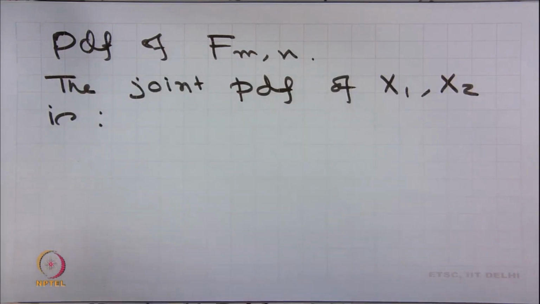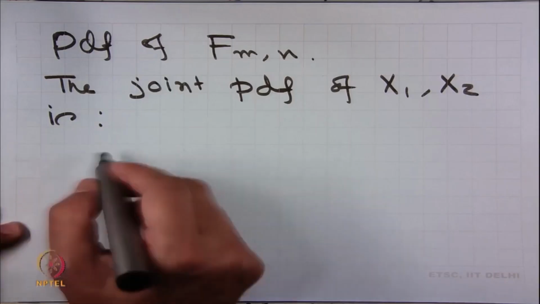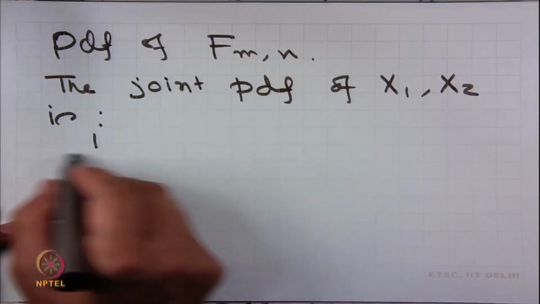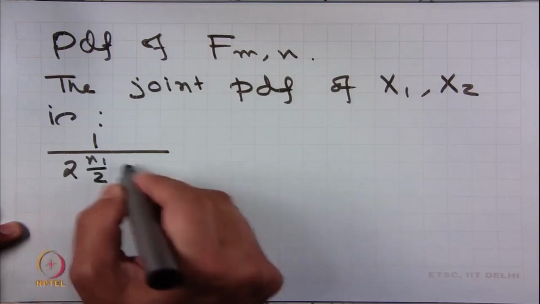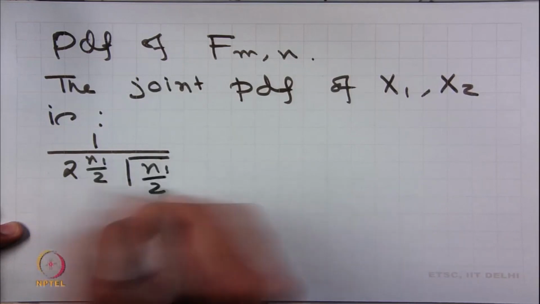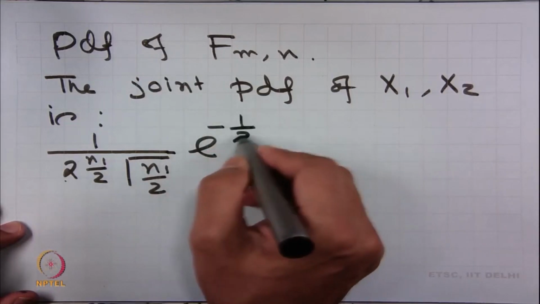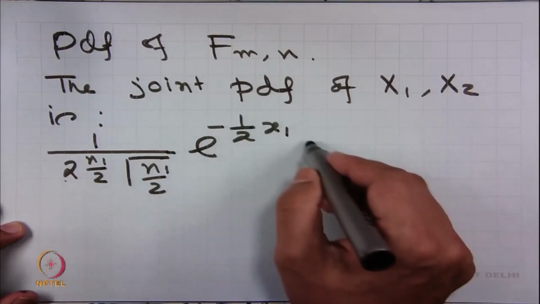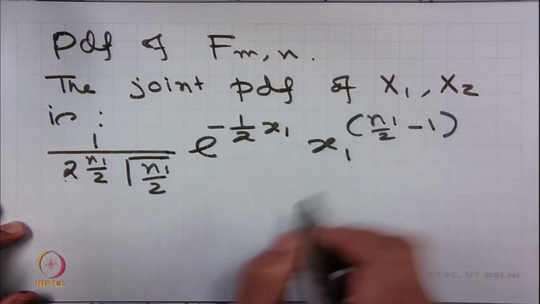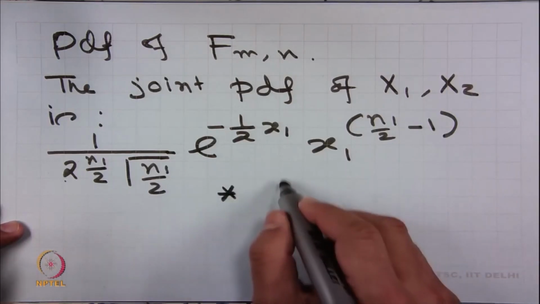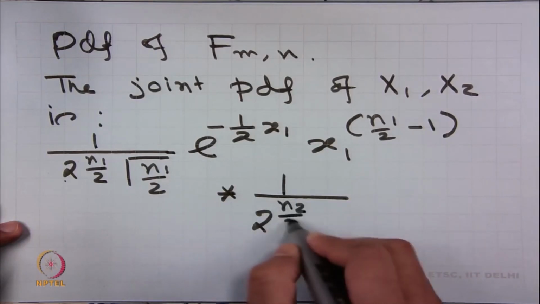Therefore, their joint PDF is the product of their individual PDFs, and we can write it as 1 upon 2 to the power n1 by 2 gamma n1 by 2, e to the power minus half x1, x1 to the power n1 by 2 minus 1, multiplied by 1 upon 2 to the power n2 by 2.